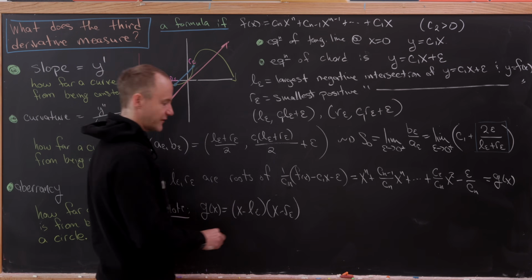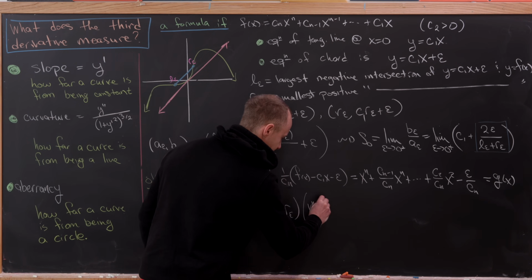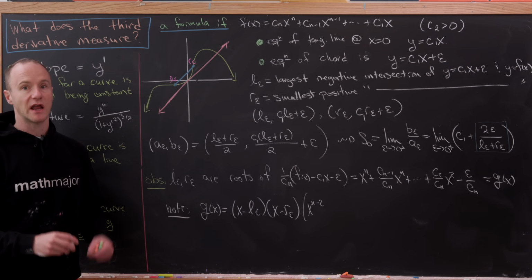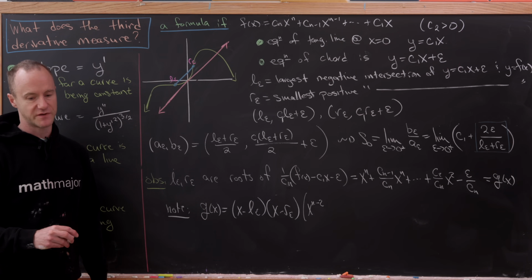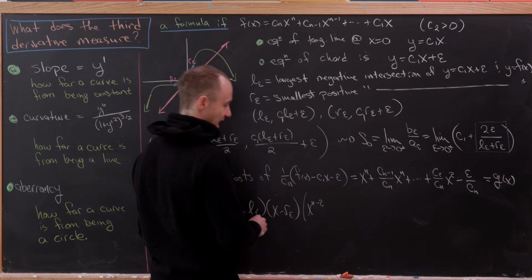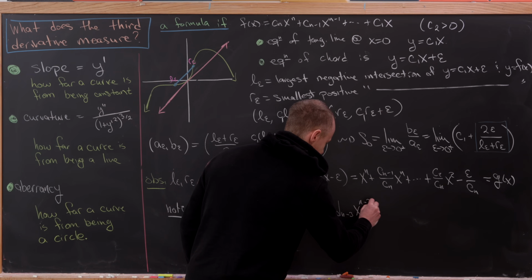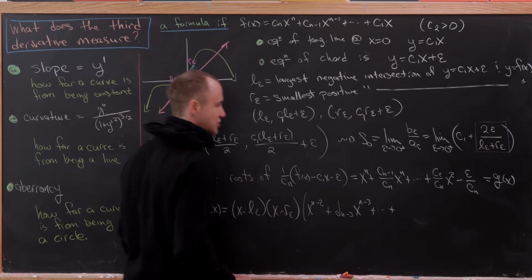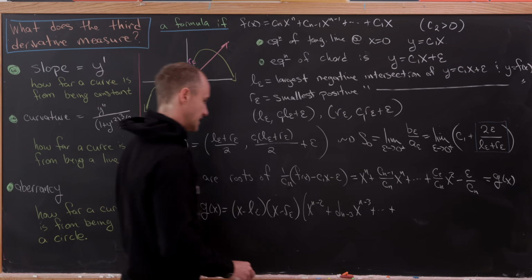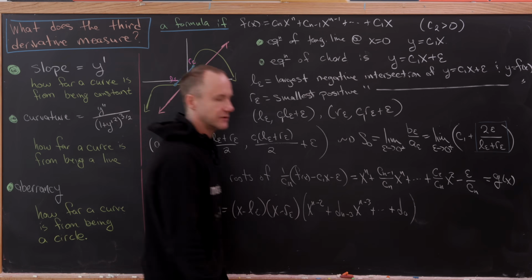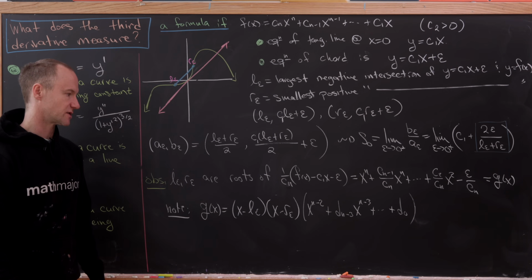So we're going to be left with a monic polynomial of degree n minus 2, in other words, a polynomial with a leading coefficient of 1. So it goes x to the n minus 2 plus d n minus 3 x to the n minus 3, all the way down to d sub 0, which would be the constant term.